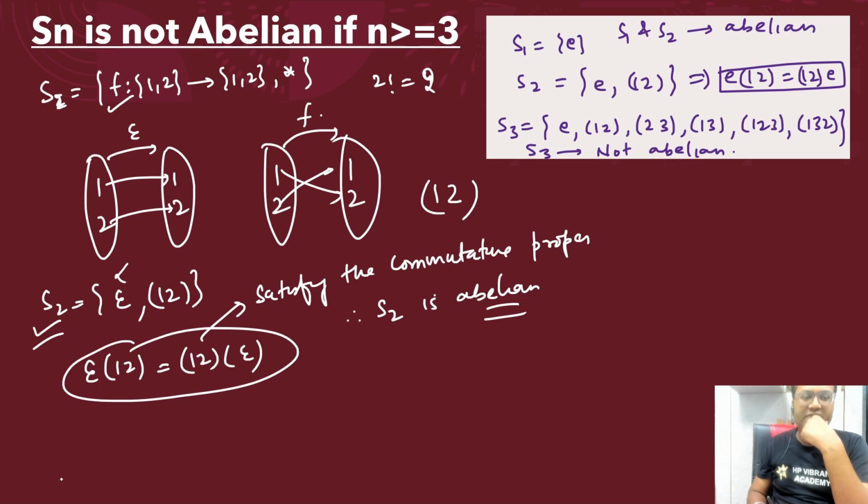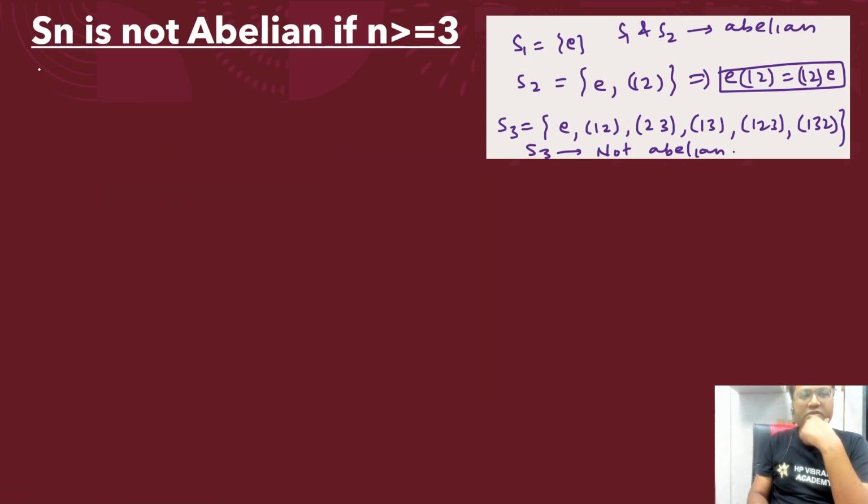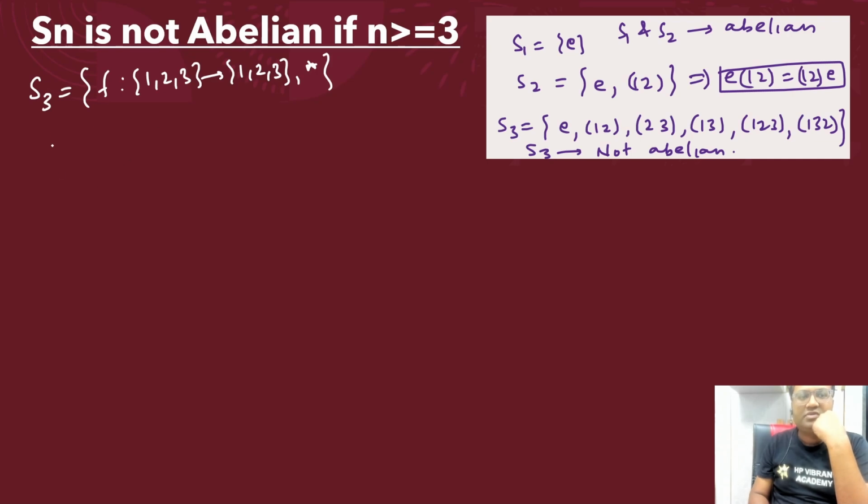Now let us find this for S3. S3 contains all the bijections from the three-element set {1, 2, 3} to a three-element set, and it forms a group under the operation composition of functions. Let us find the elements of S3.